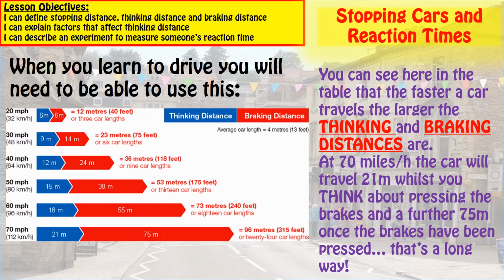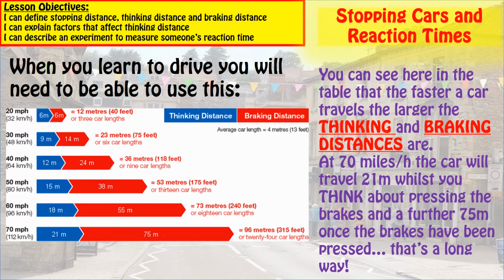That means if you travel at 70 miles per hour and you see an obstacle in front of you, to think about it and send that message down to your muscles, your car is going to travel 21 meters. Then once you've pressed the brakes, the car will slowly come to a stop, and that will be another 75 meters. So altogether 96 meters to stop the car.